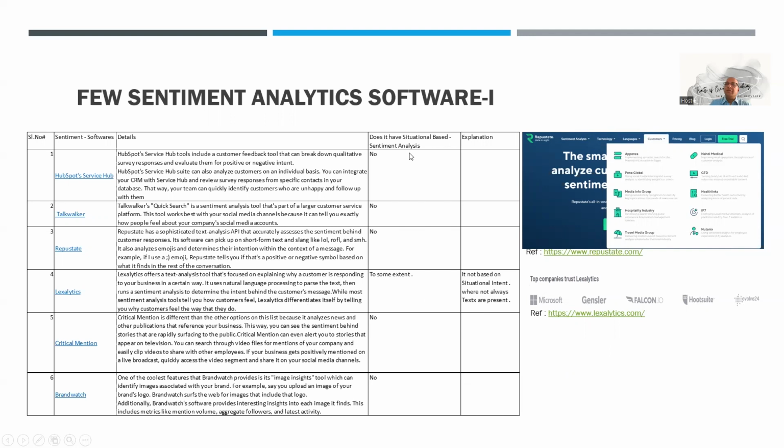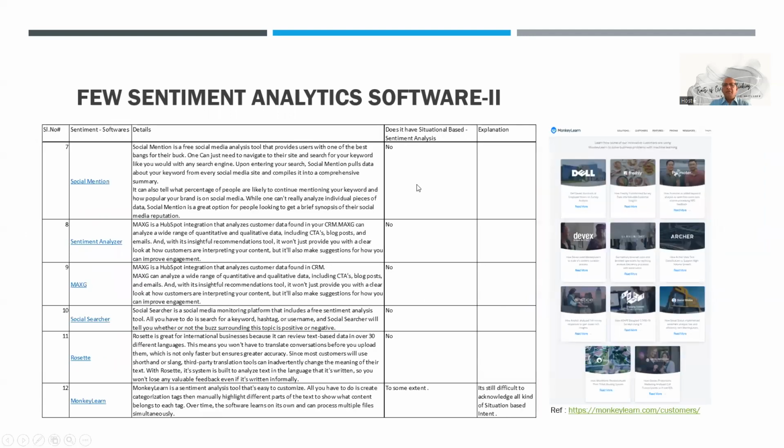And it is also seen that to some extent they are also using situational sentiment analysis. There are a few other software companies whose product sentiment analysis is appreciated by other leaders like Archer, Dale, and companies like MonkeyLearn. They also have used, to some extent, the situational based sentiment.